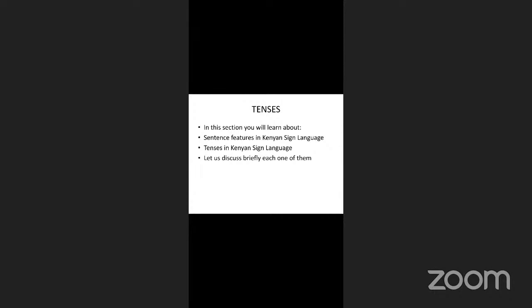So just as we said, in this section we want to learn about sentence features in Kenyan Sign Language. And we also want to look at tenses in Kenyan Sign Language. If you look at the sentence features, we can say that KSL is a language just like any other language, and it has its own sentence features and set of grammatical rules.